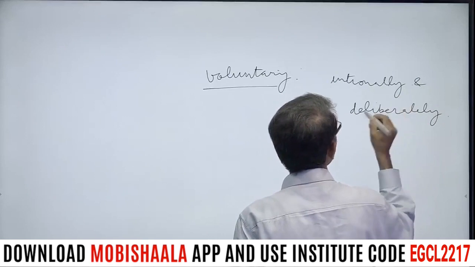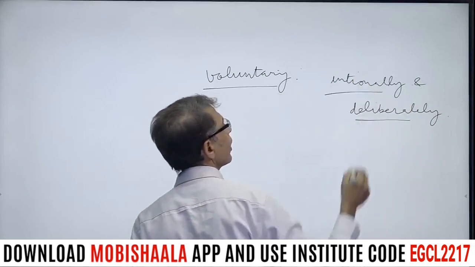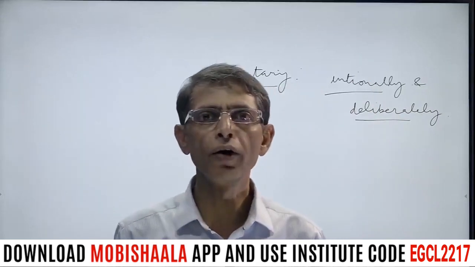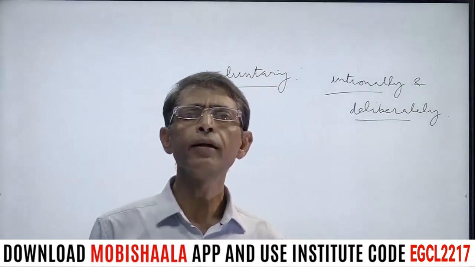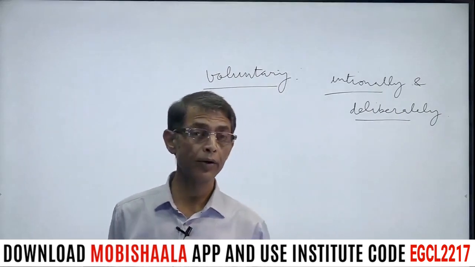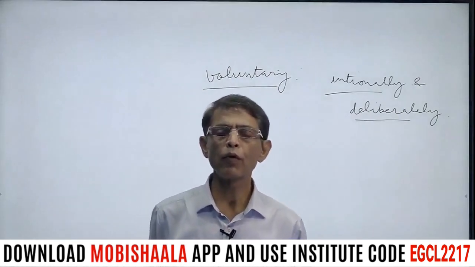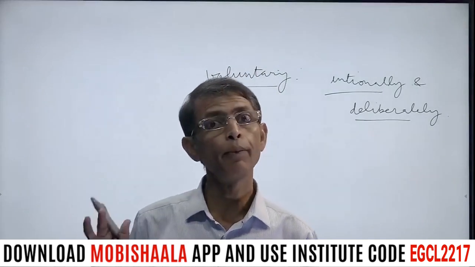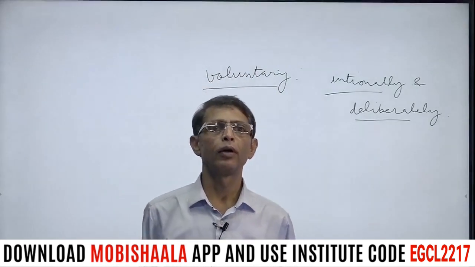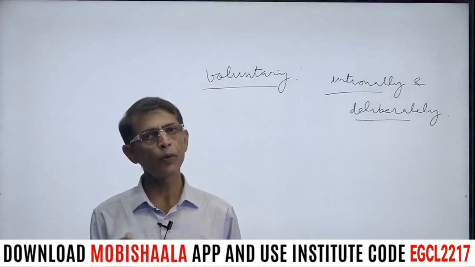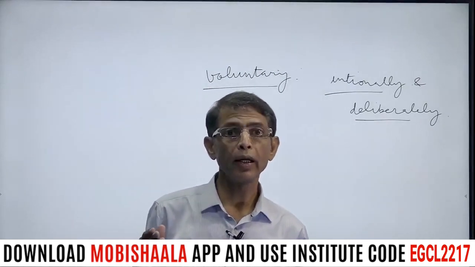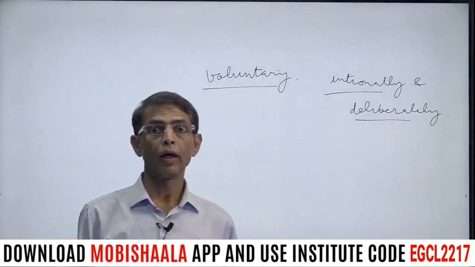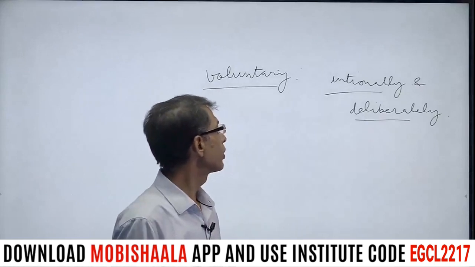Any free agent, any adult rational man, who performs an action with deliberation and with intention. Both terms are very important. Deliberation has a complete process, and intention has also complete meaning. So we will discuss both of them.